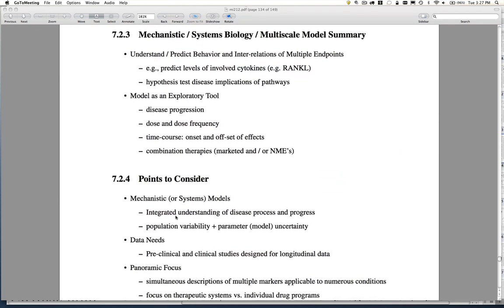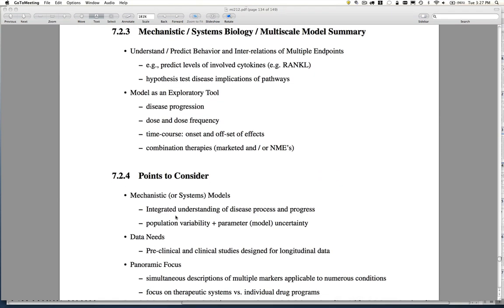So anyway, that's an overview of that particular model, and I didn't go through that just to show you that model itself. The point that I hope to impose on you from all of that is why you may want to embark on building a model like this, as opposed to some of our more empirical approaches.